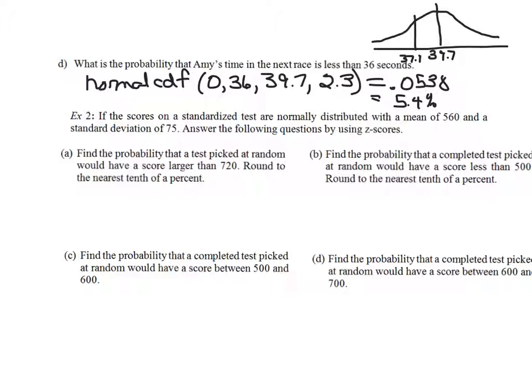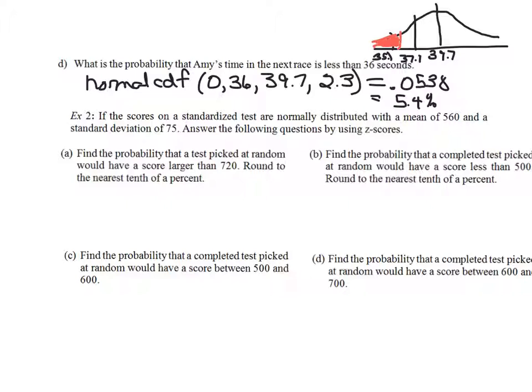If I go two standard deviations, that's going to be 35.1. So 36 would be right about here. Coloring all that in, that would be about 5.4% of my bell curve.